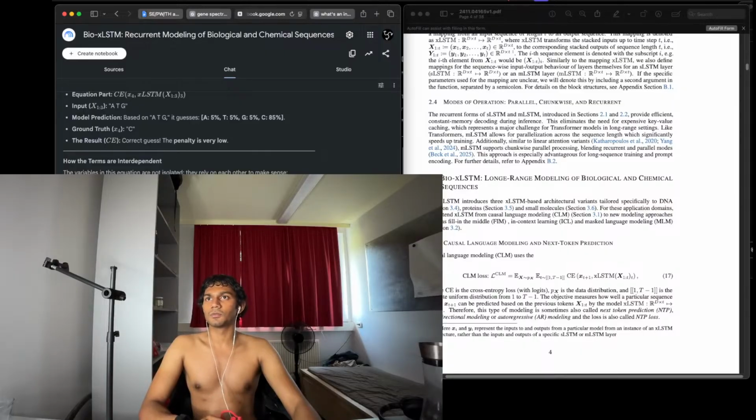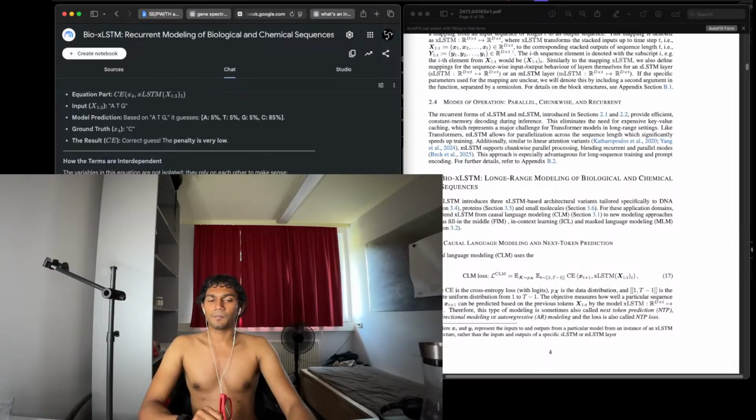Penalty versus improvement. The cross entropy loss is the link between the model's guess and actual biology. If the model makes a bad biochemical guess, for example predicting a stop codon in the middle of a functional gene, the CE term spikes. The training process then forces the model to adjust its internal math to prevent that specific spike in the future.